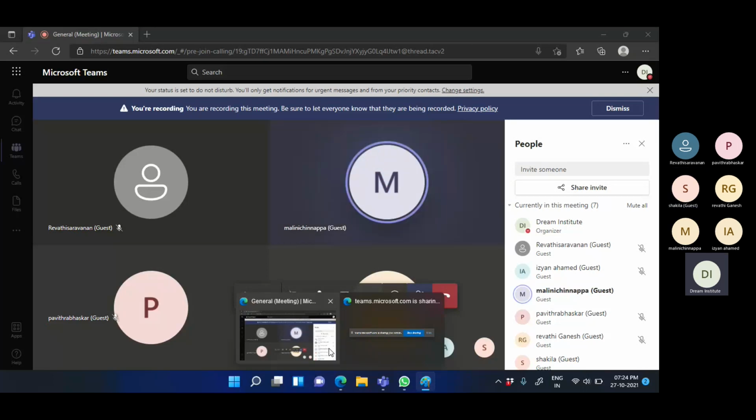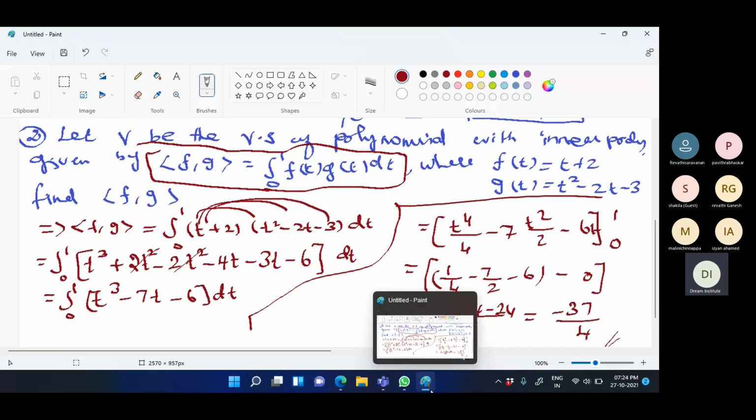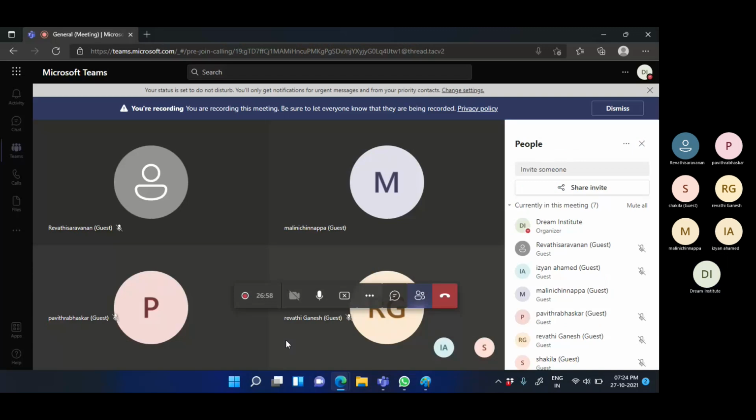So you only don't have a screen, right? I think you have some network connection issue. You can leave the group, then join again.